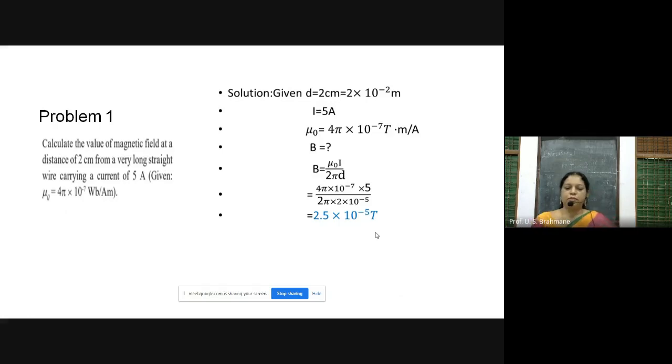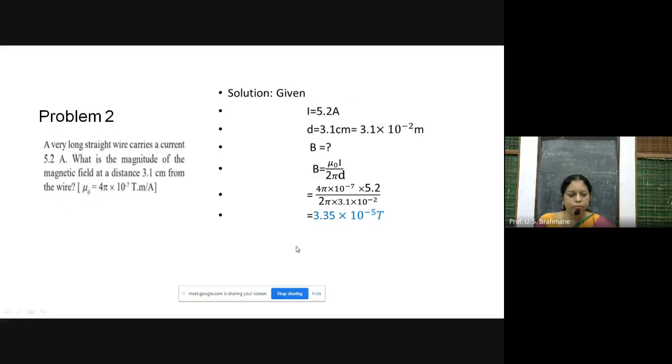When you understand these problems, you can solve them in the exam. These are the unsolved problems from your textbook. You can take a screenshot also, no problem. Then we'll go to the next problem.